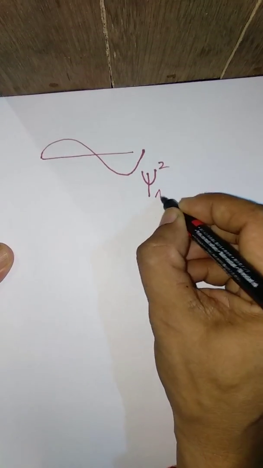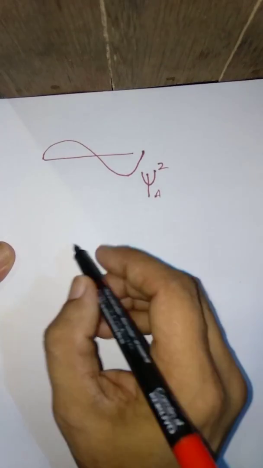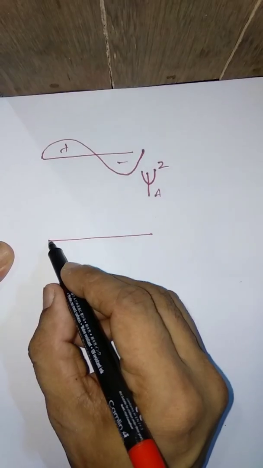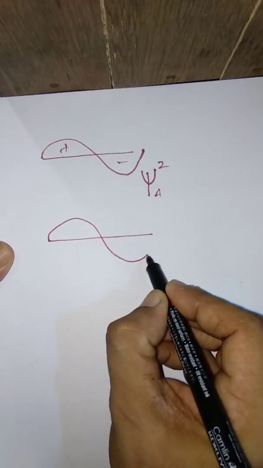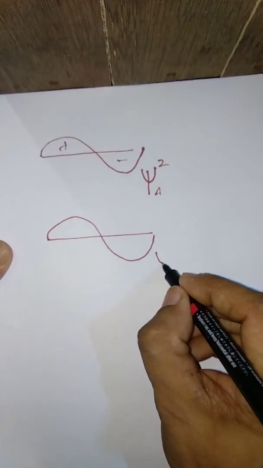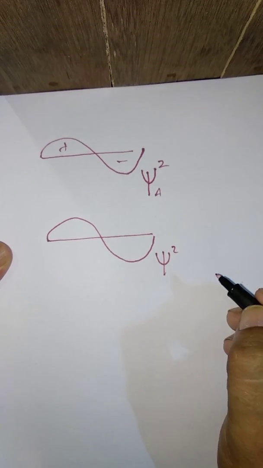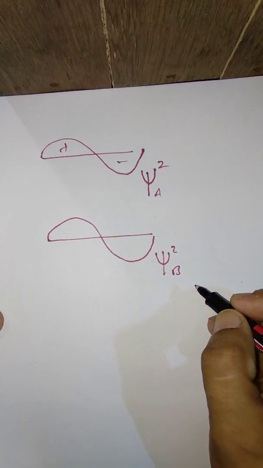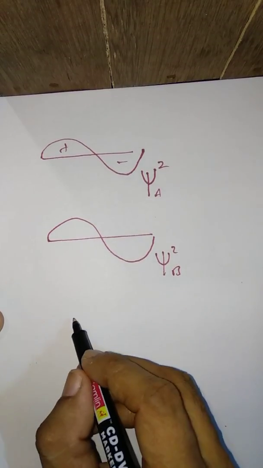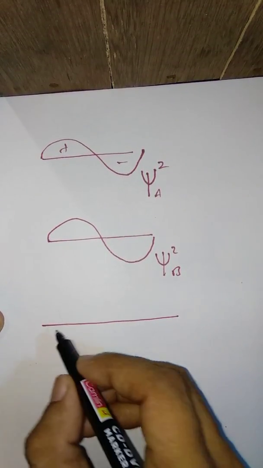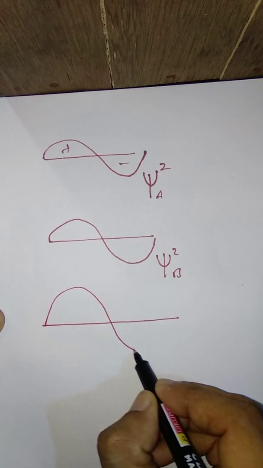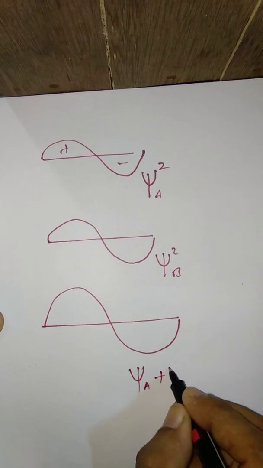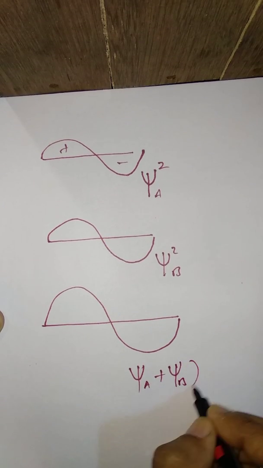If one of our waves combines with another wave of the same phase, this is plus minus, and its wave function is psi b square, the ultimate wave formed by the result of these two waves may be written as psi a plus psi b, whole square.